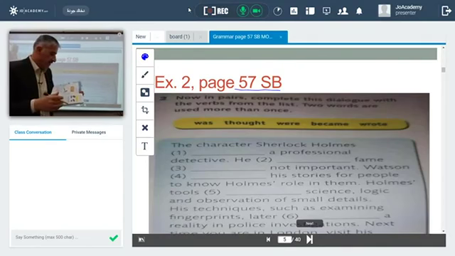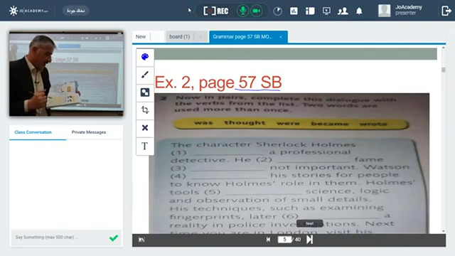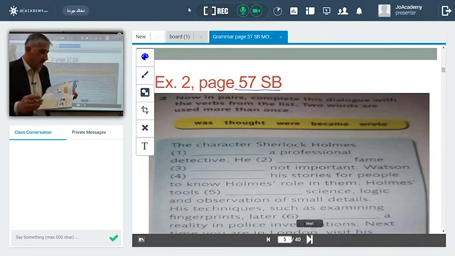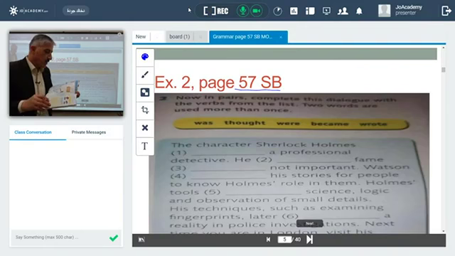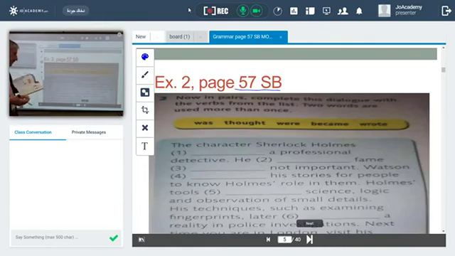We have 5 verbs, and we have to fill the gaps here. It's required: now in pairs, complete this dialogue with the verbs from the list. 2 words are used more than once. So we have was, we have thought, we have were, we have become, we have wrote. All of them, they are in the past form.